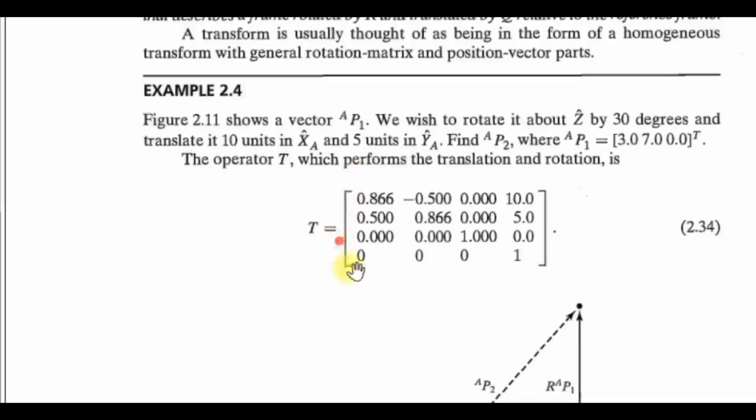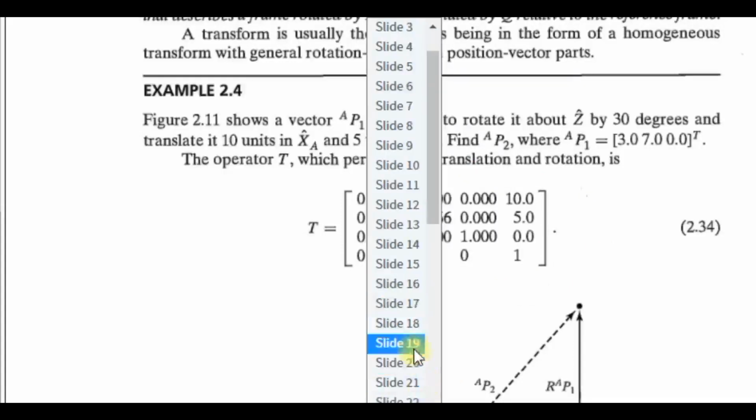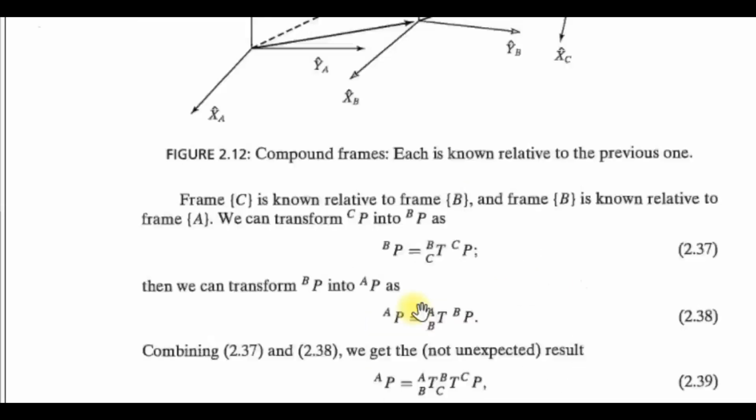So this type of matrix is used. So this is BTC. CP is known to you, BTC you have to derive, and based on that you are able to know the position of P with respect to B.